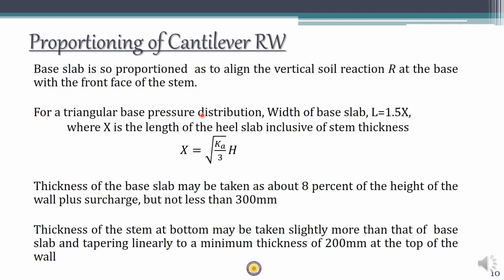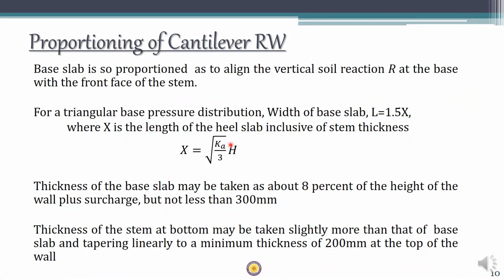In such a case, the width of the slab should be L equal to 1.5 times x, where x is the length of the heel slab inclusive of the stem thickness. And by calculation with derivation, we can find that x should be equal to the square root of Ka by 3 times h, where h is the height of the soil retained and Ka is the active earth pressure coefficient.